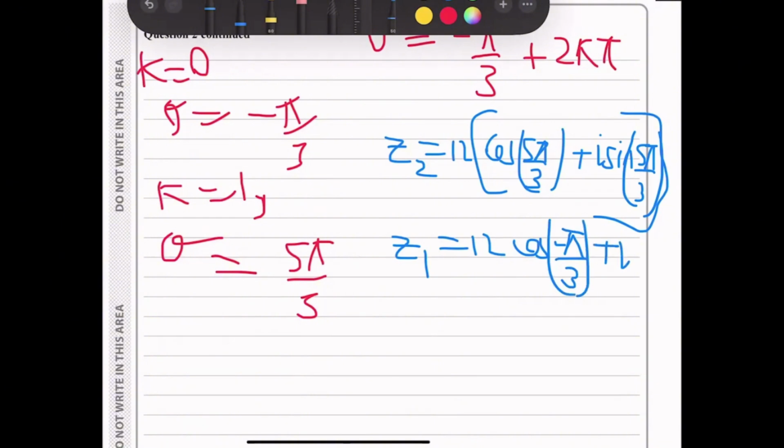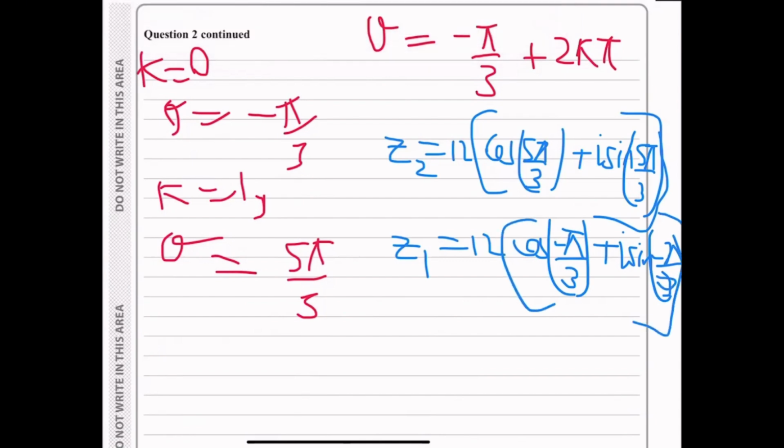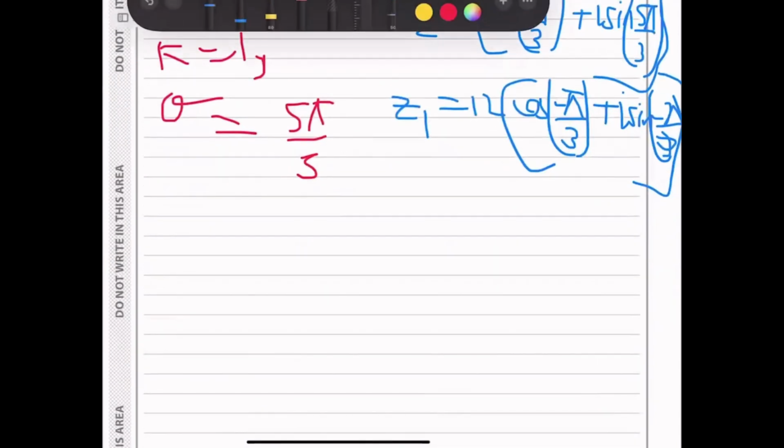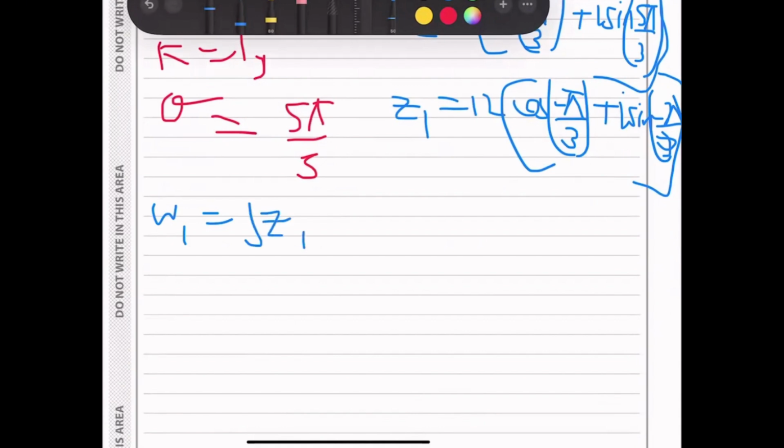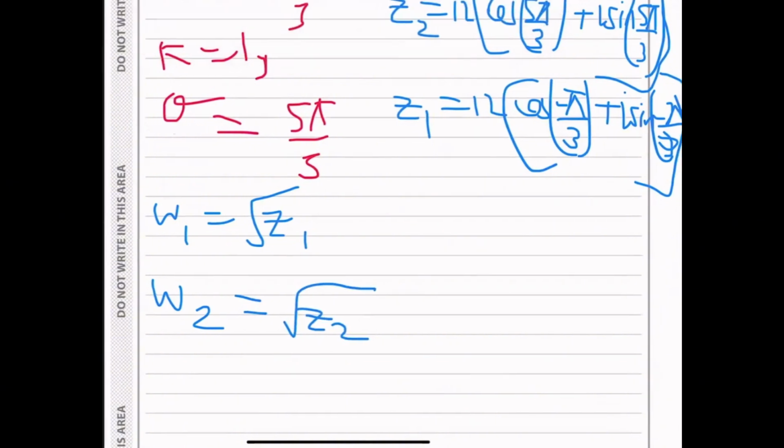So 12 cos minus pi by 3 plus i sine minus pi by 3. If you notice, the answers to both of these will be the exact same thing. So if you find w, you have the first one, which is already done. So w2 is the square root of z2.